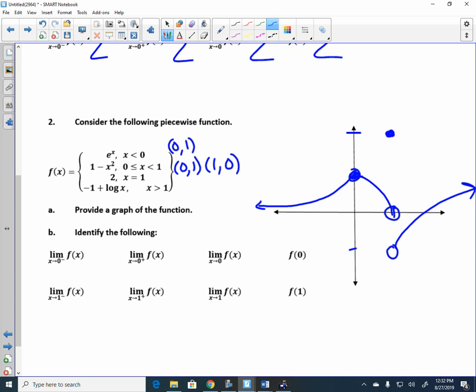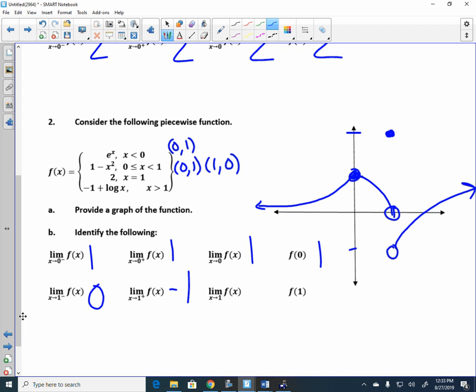Let me just do this. x goes to 0 from the left, 1. From the right, 1. Limit as x goes to 0, 1. f of 0, 1. So those are all the same. Limit as x goes to 1 from the left, 0. From the right, -1.